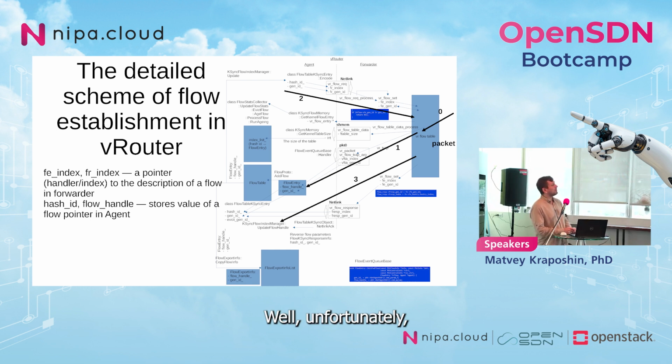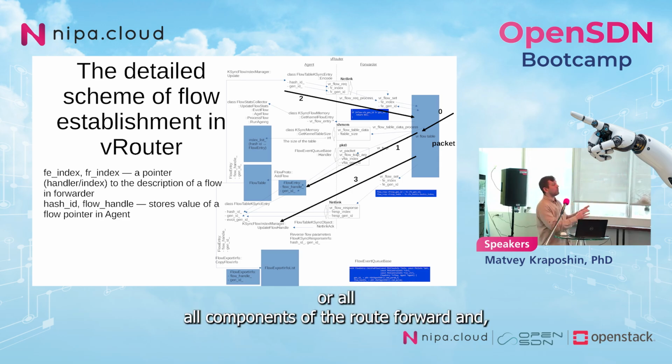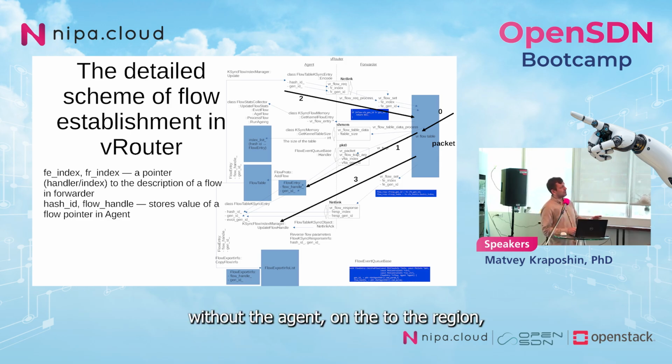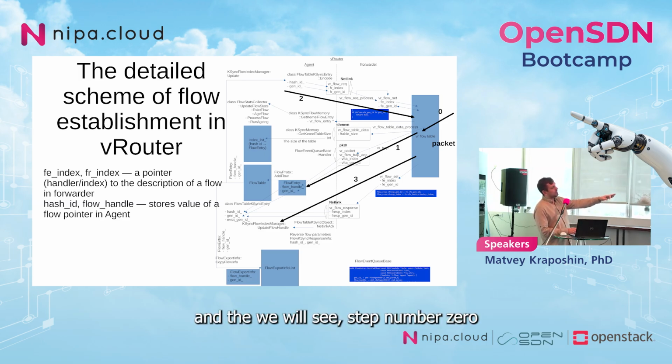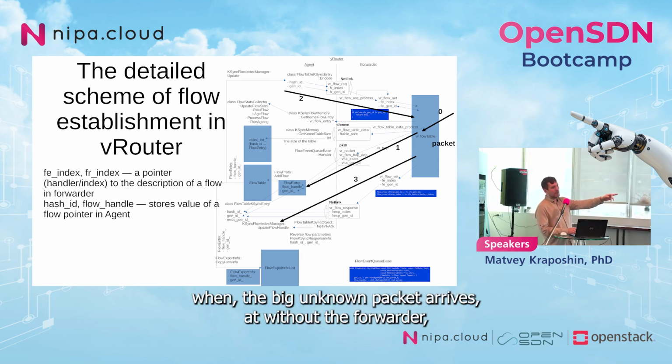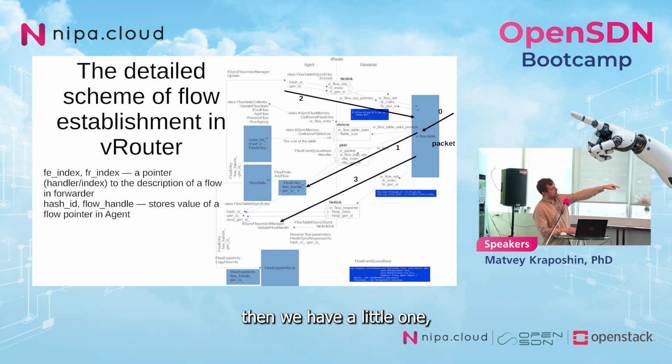Well, unfortunately, the screen is not too large, but if we put all components of the router forwarder and the router agent on a 2D region, we will see some kind of map, and we will see step number 0 when unknown packet arrives at the router forwarder. Then we have arrow 1 when we send packet for analysis.